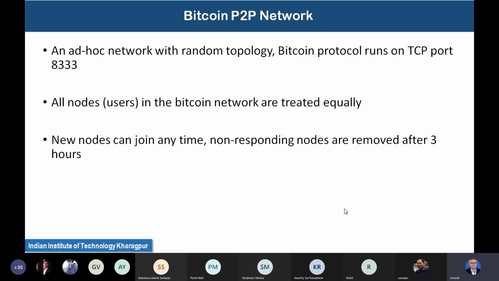New nodes can join anytime, and non-responding nodes are removed after a certain period, and they can join back later. There is absolutely no one controlling this network, and removal is also done in an automated manner, meaning that any non-responding nodes will automatically be removed from the network.